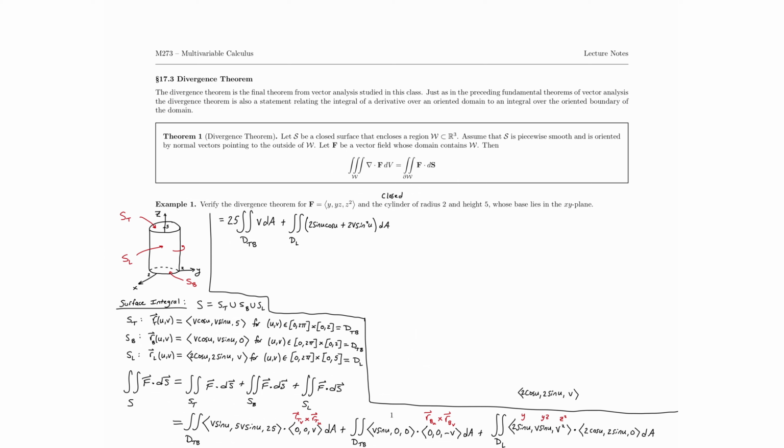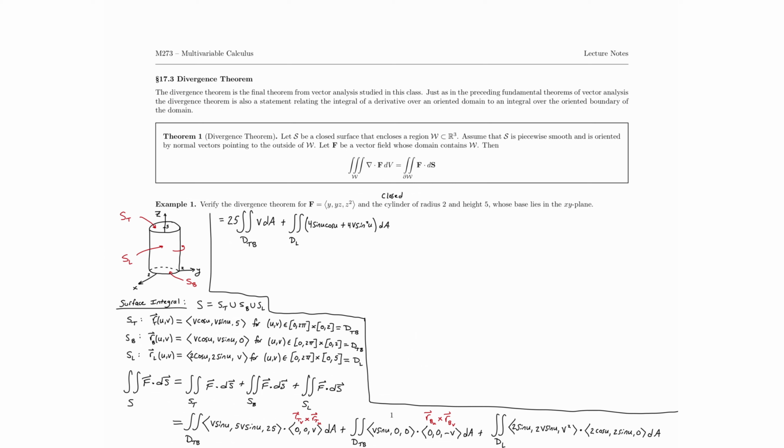So our y should be 2 sine u, our yz should be a 2v. That looks better. So up here, this would be 4, and down here we'd have 4v sine squared u. My apologies. That is looking better.